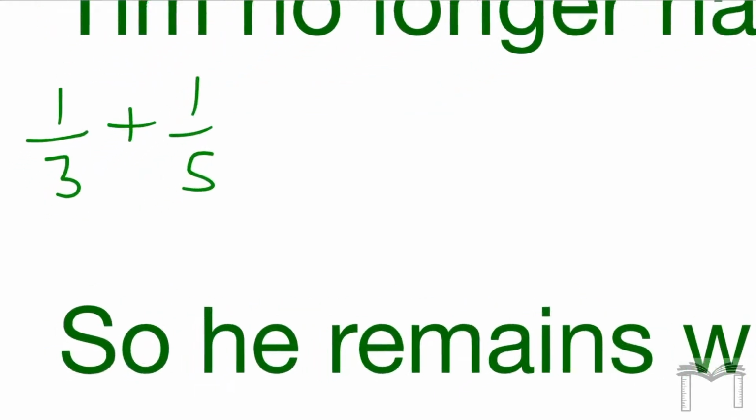We can find the LCM of 3 and 5, which is 15. 3 into 15 is 5, 1 times 5 is 5, plus 5 into 15 is 3, 1 times 3 is 3. So that will give us 8/15.